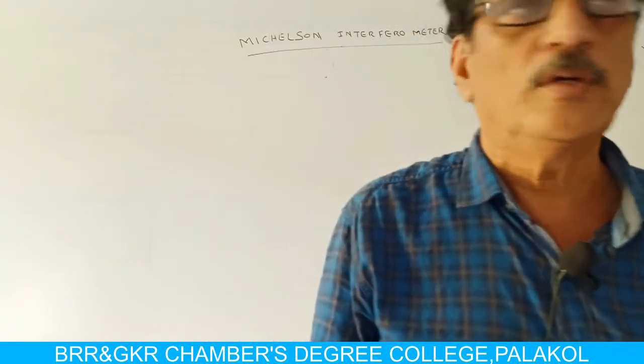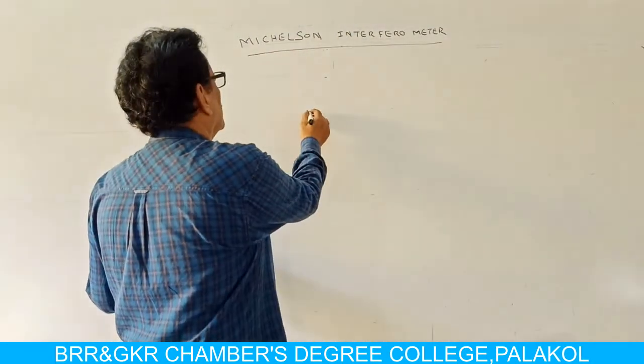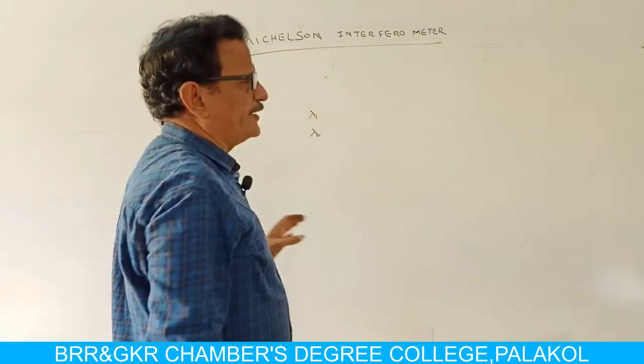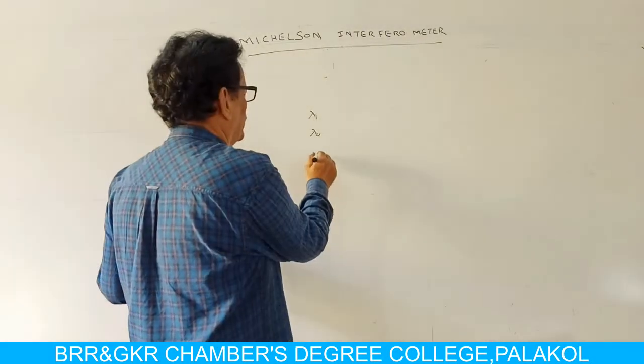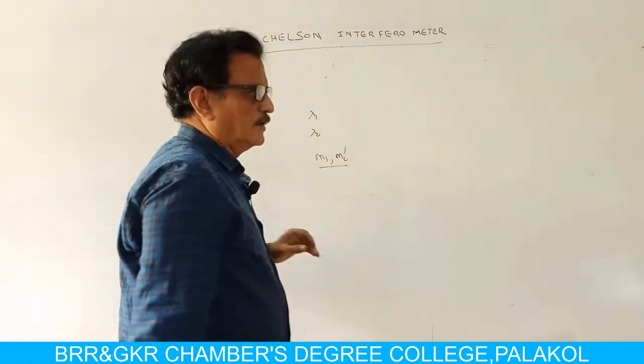So, we can observe two types of fringes corresponding to lambda 1 and lambda 2. If the distance between M1 and M2 dash is very small, then these two fringes will overlap on each other.